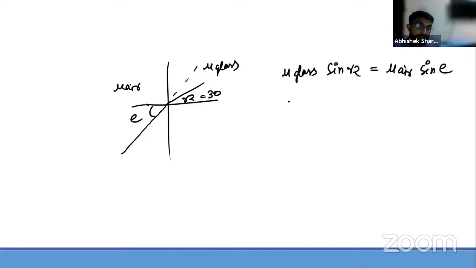What is mu of glass? What is the refractive index of the glass? Air is 1. Anyone? Okay, let me search. It's 3/2 by the way, but still I'll confirm. Sometimes I forget.